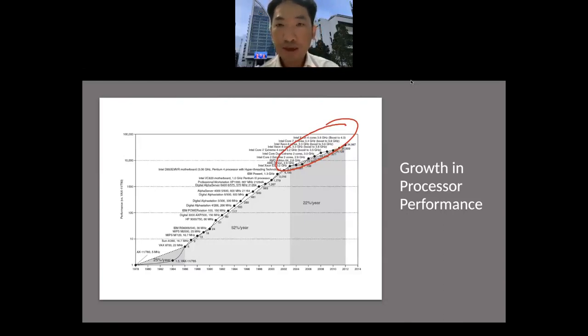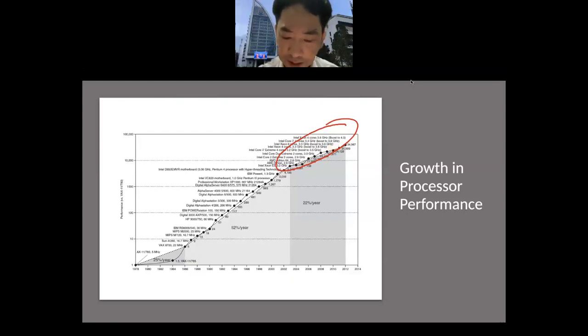You may notice that the frequency does not go up very high. It's not the same pace as here. You can see this one is 500 megahertz, 600, 1.3, 3 gigahertz. But here, it's just like we hit the limitation of the frequency now.